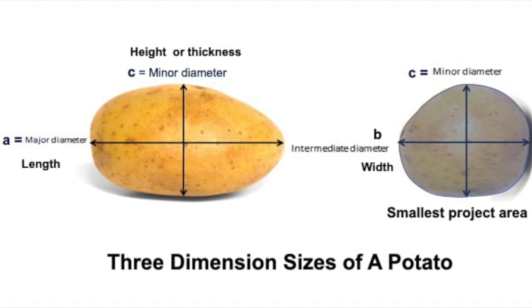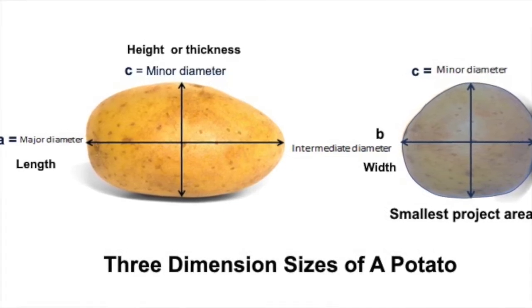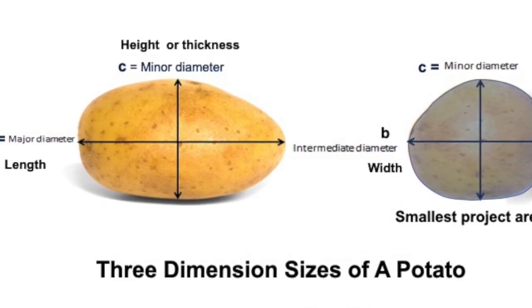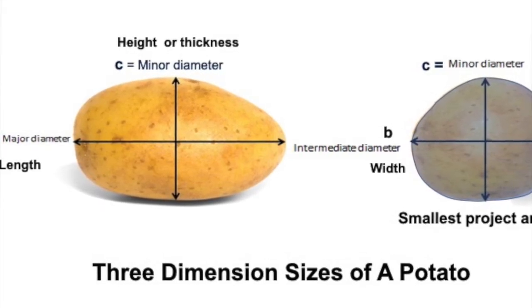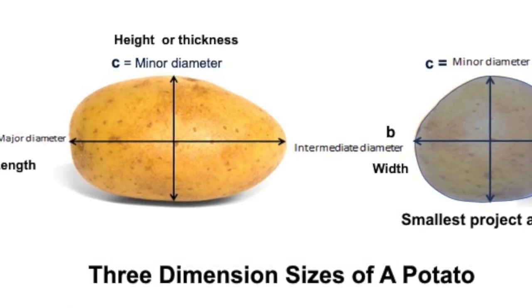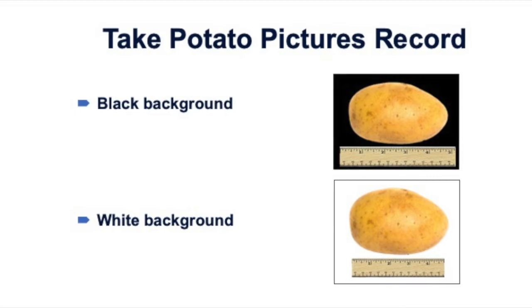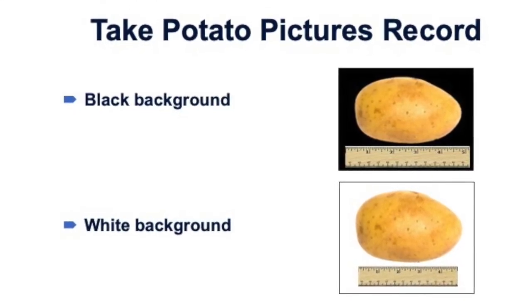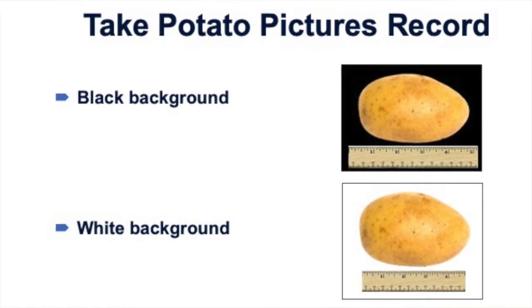It's called the intermediate diameter. The major, intermediate, and minor diameters are the so-called three-dimensional size of a potato. Before measuring, take one picture of the potato with a black background and another with a white background for records.